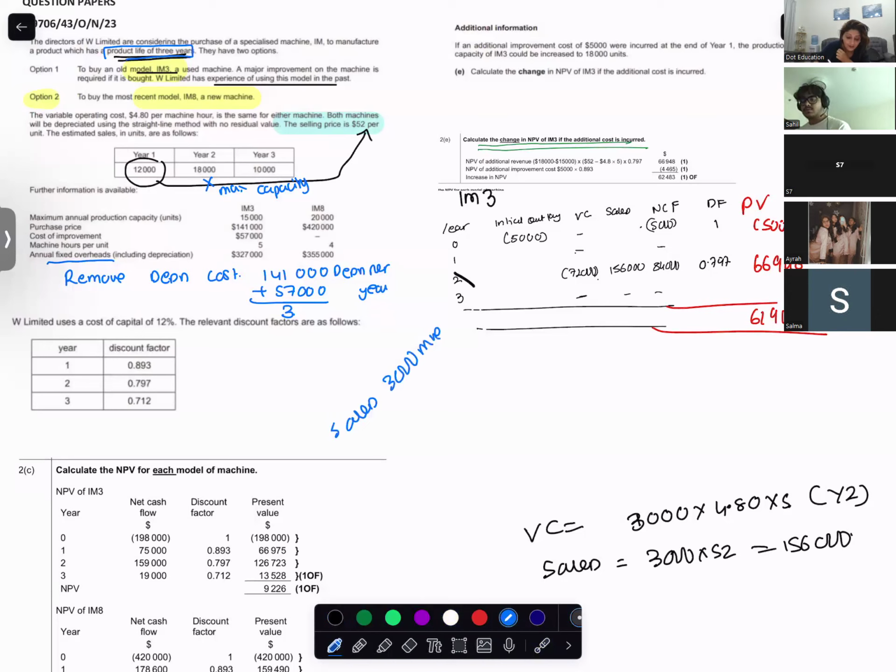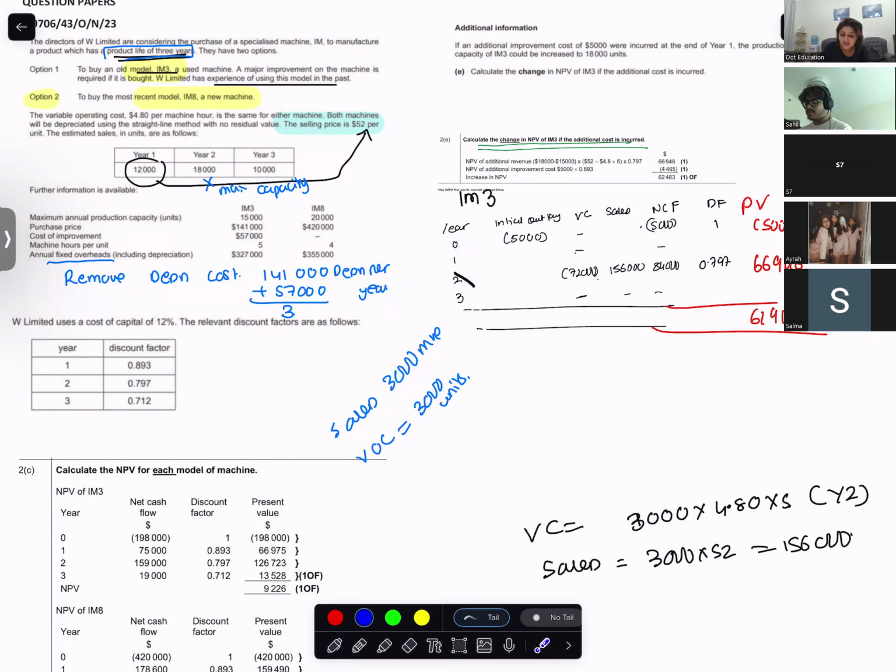Sales would be for 3,000 more. And the variable operating cost would be for 3,000 more units. So the only thing that would change is that in year 0, you will have an extra initial outlay. And in year 2, you would spend for the variable cost for 3,000 units and you will earn the income extra for 3,000 units. With me?